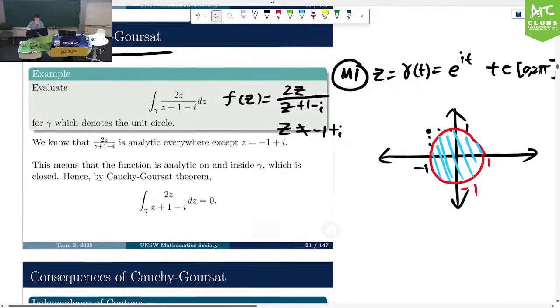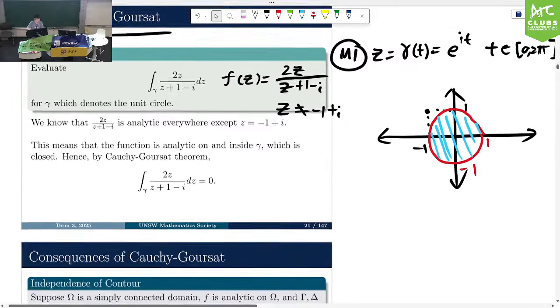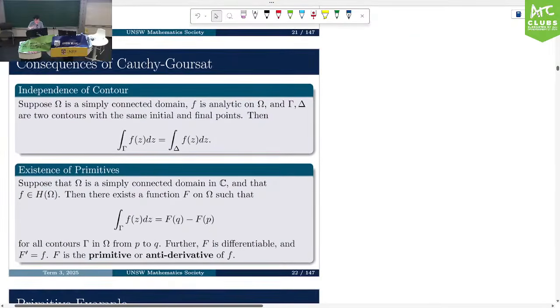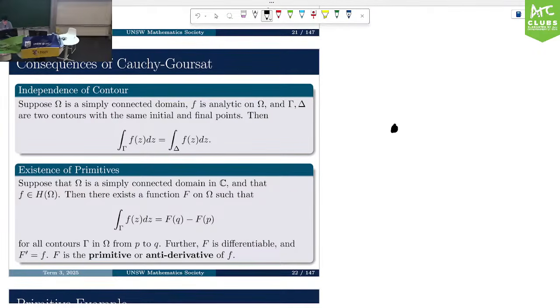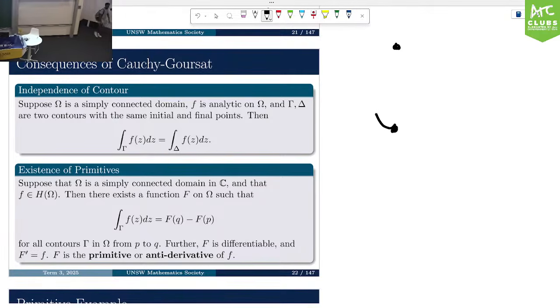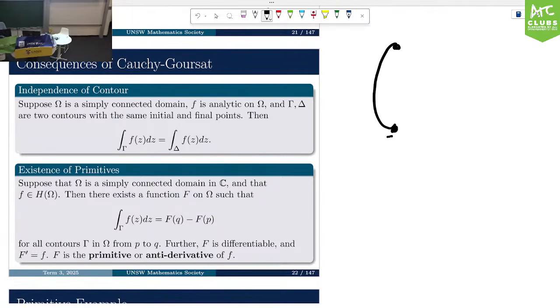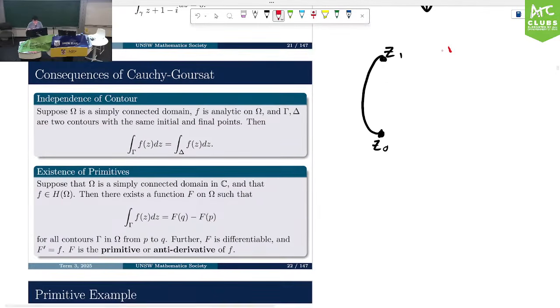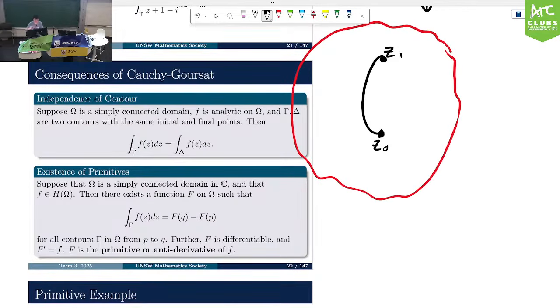Yep, so that's one of the most powerful applications of Cauchy-Goursat. But another application of Cauchy-Goursat is that even if we don't have a closed contour, it allows us to do many things. For example, if I have z0, z1 over here, and the function is analytic everywhere inside this random contour I have drawn, then the integral is independent of the path we choose.